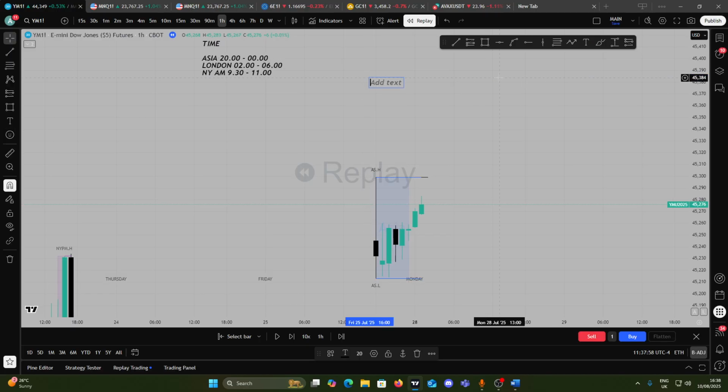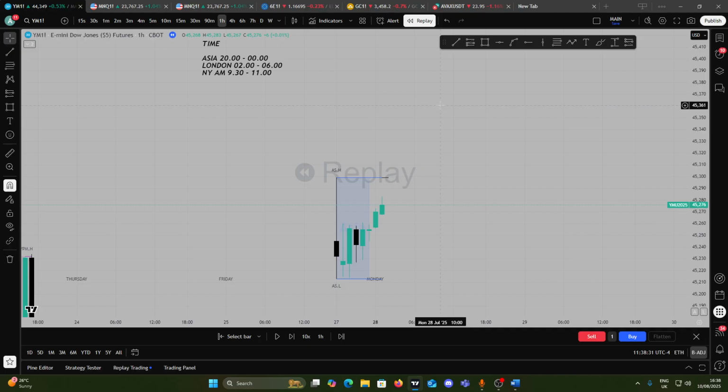What can those confluences be? They can be swing points and higher time frame FVGs. Let me explain this to you. Higher time frame FVGs are just lower time frame swing points.